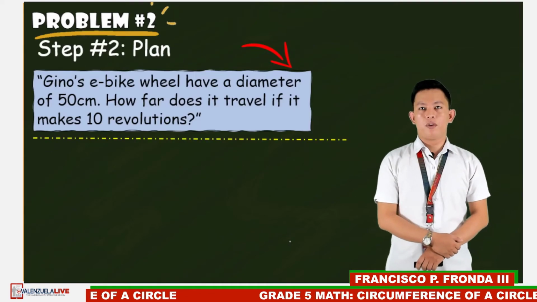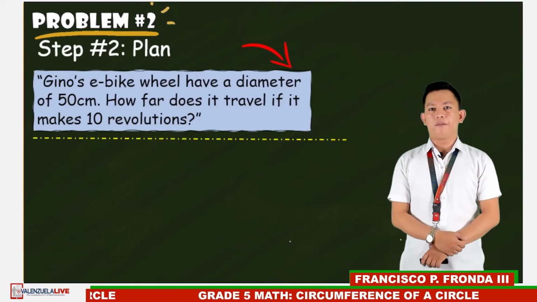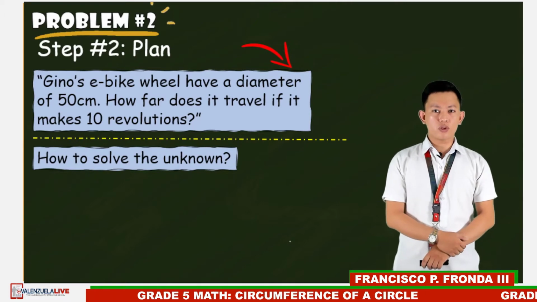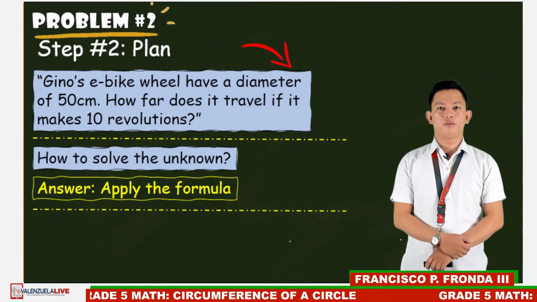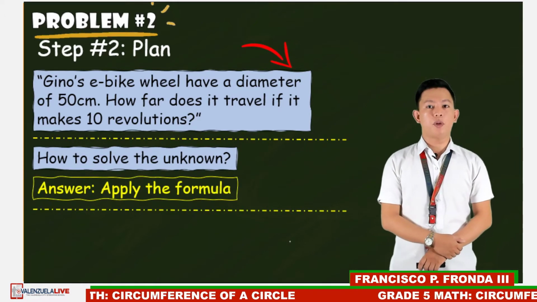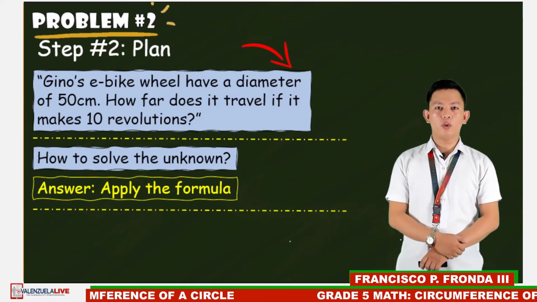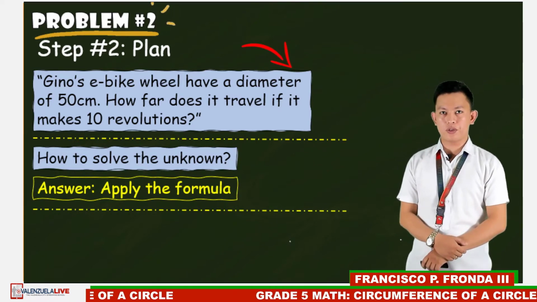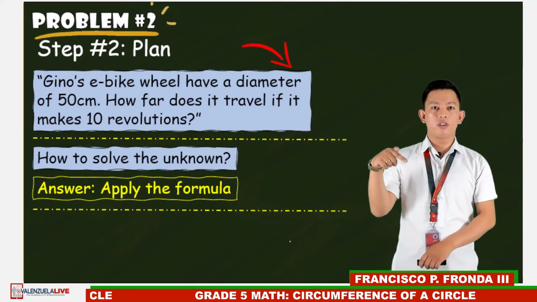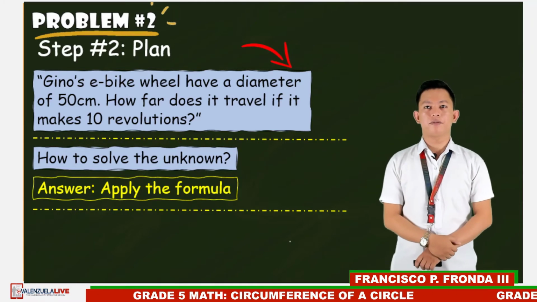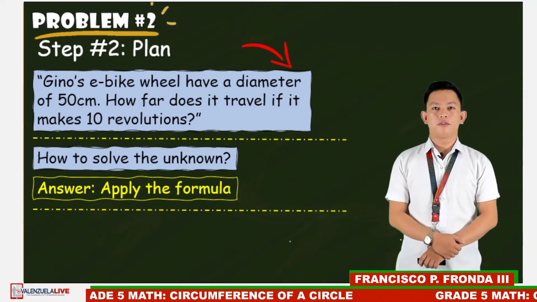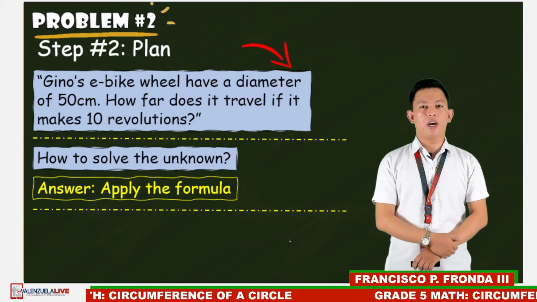Okay? So, step 2, we're going to plan. How to solve the unknown? Let's apply the formula. So, what would be the formula that we're going to use? Can you type in your answer in the comment box? Okay, correct, grade 5 learners.